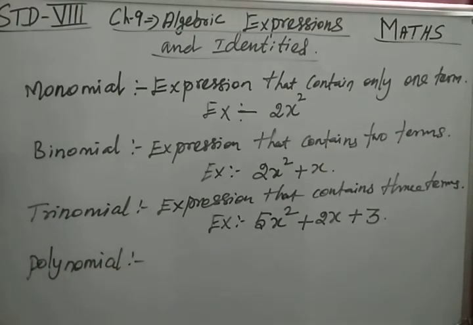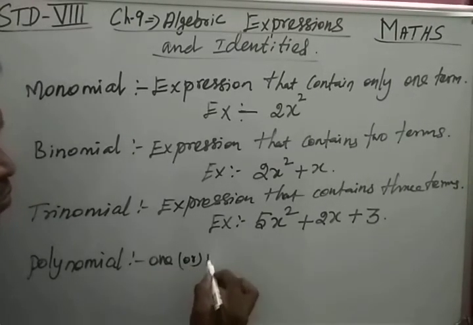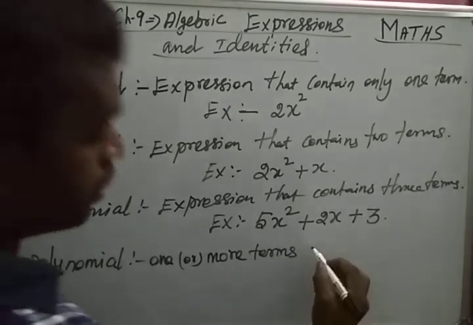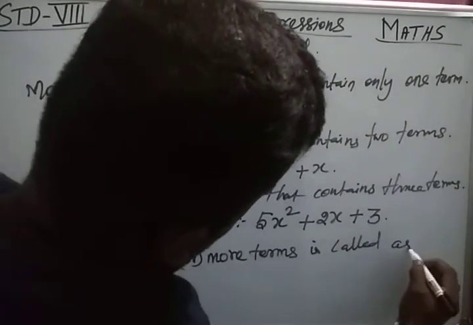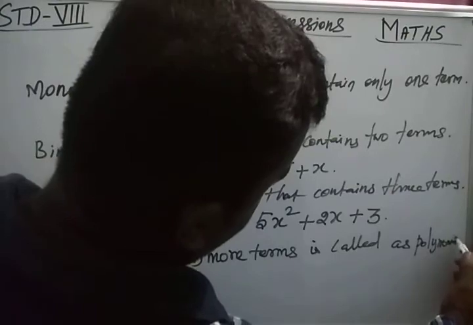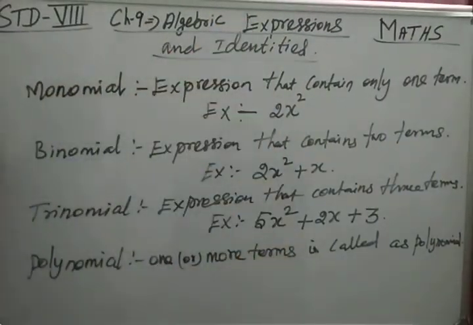Next one is polynomial. What is a polynomial? Polynomial means one or more terms. Any number of terms is called a polynomial.